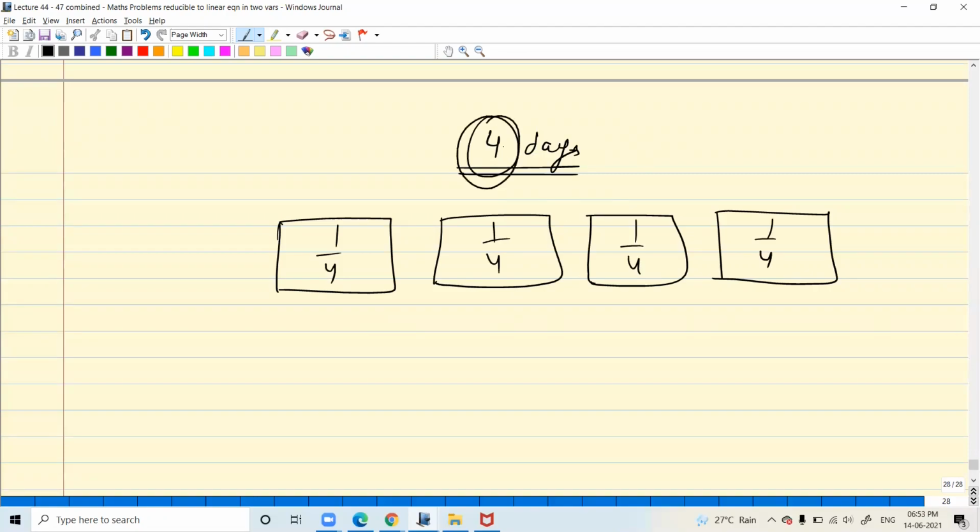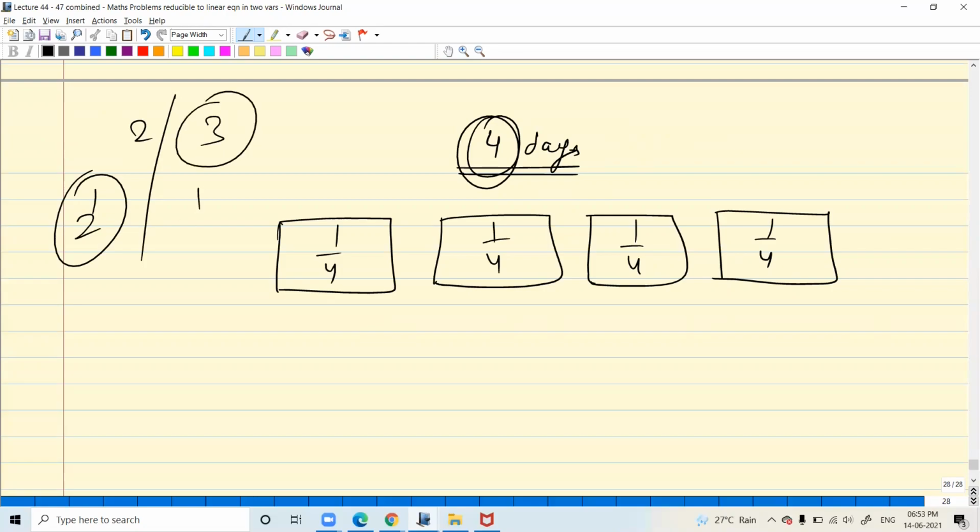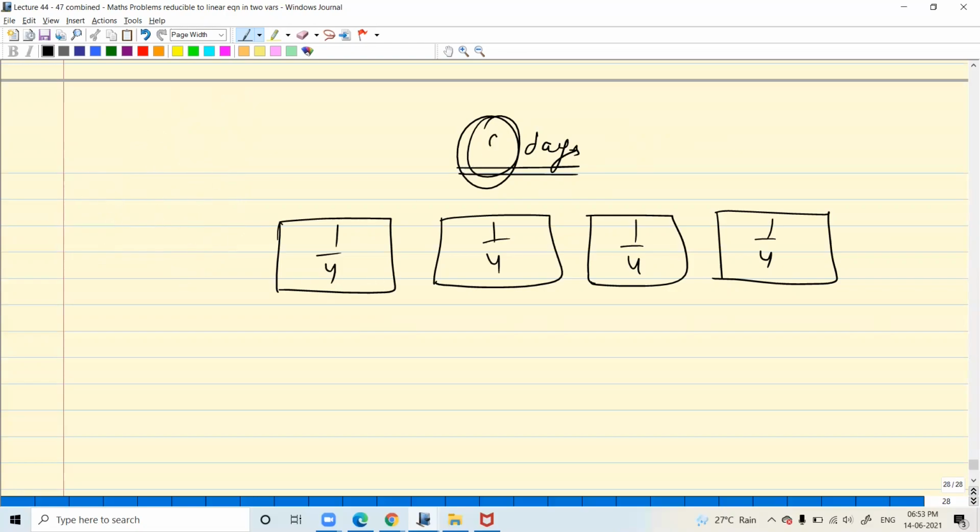So are you able to understand? If some work is done in 2 days, each day you did half of the work. If some work takes 3 days to complete, each day you do 1/3 of the work. So this logic you need to be fully aware of. If some work takes 5 days, every day you will do 1/5 of the work. 1/5 of the work every day.